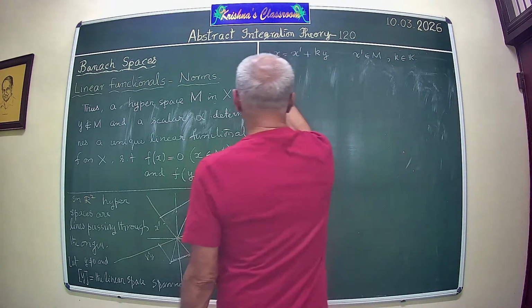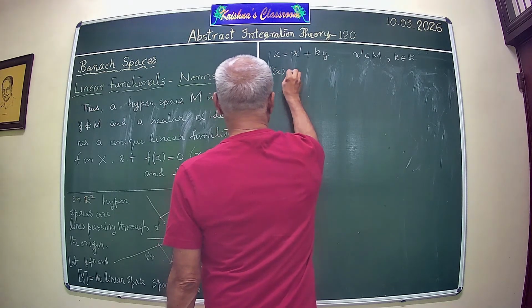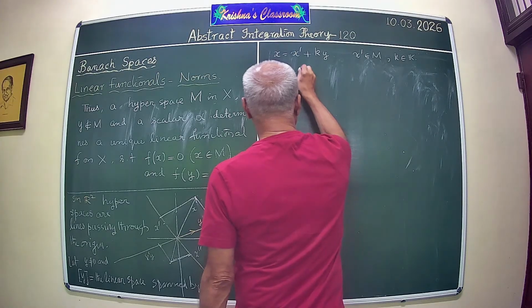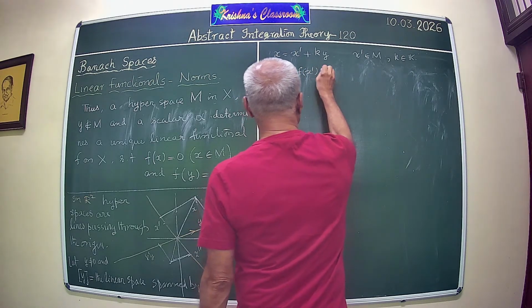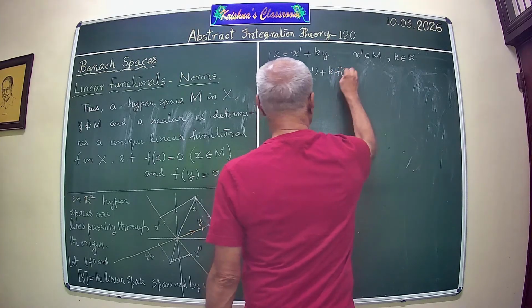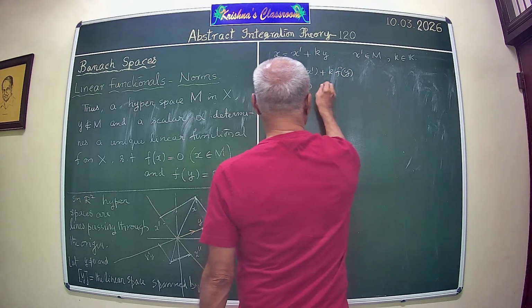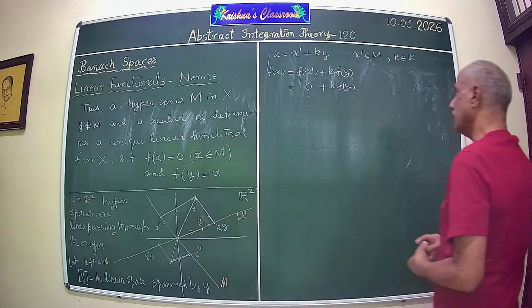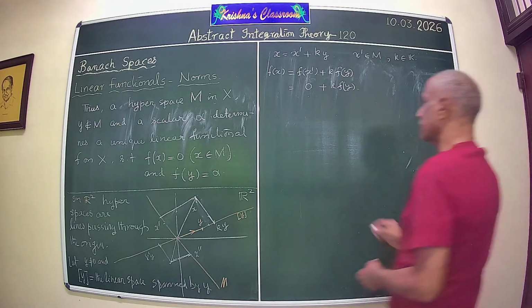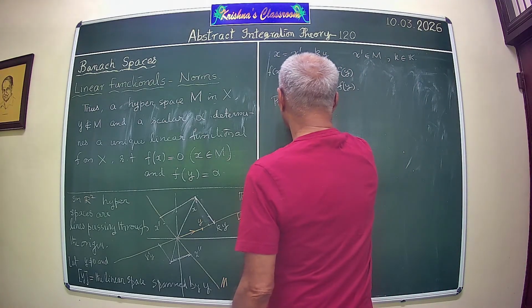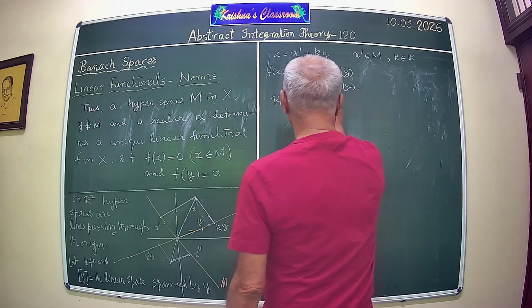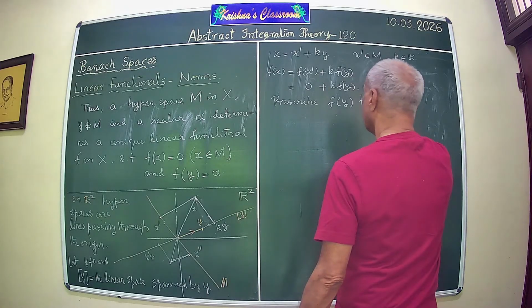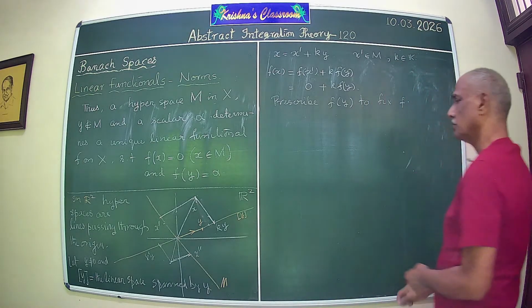So what you have to do is, if you want to get f of x and x prime is in M, you want f of x prime to be 0. So it is going to be f of x prime plus k times f of y, and that's equal to 0 plus k times f of y, and f of y is prescribed, to fix f.